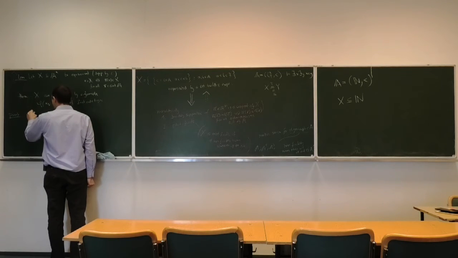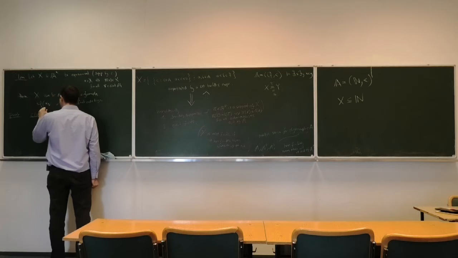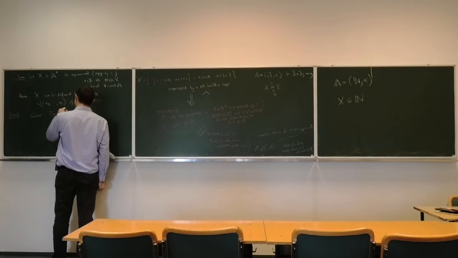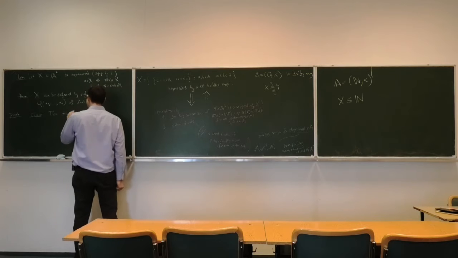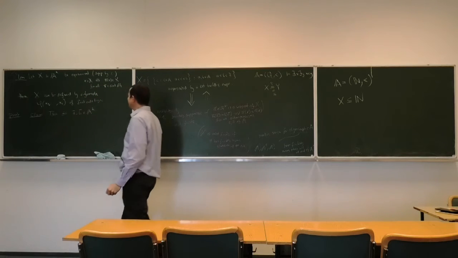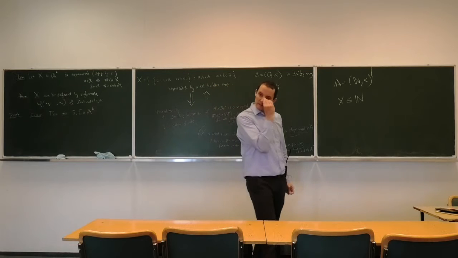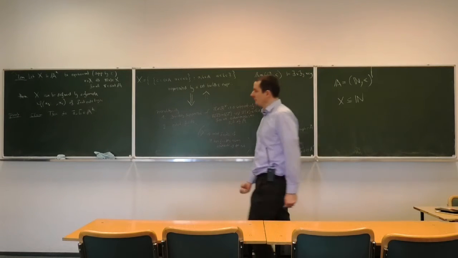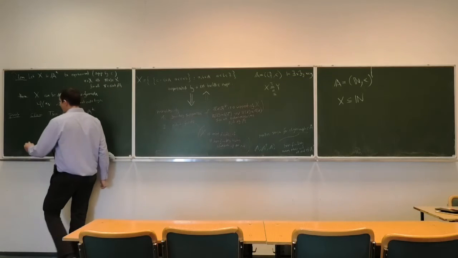Let me make a claim. The following are equivalent for two tuples. Let me take two tuples a, b and consider the following four conditions, and they're all going to be equivalent.